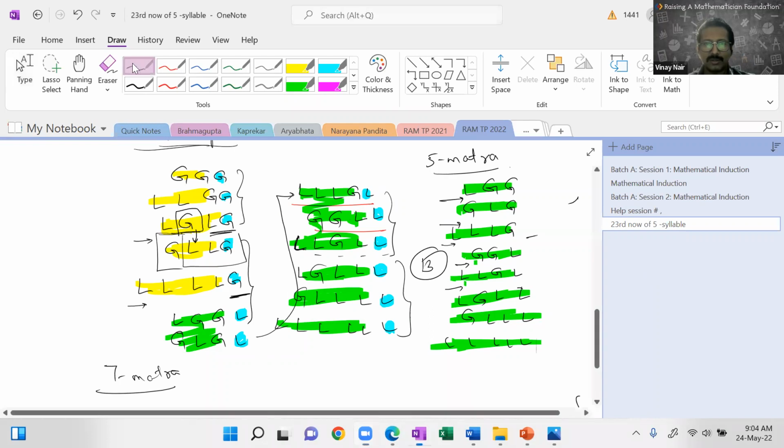So I think it was Ishan who said it in the beginning, and others contributed to that. This is your f of 4, and it gives you 5 possibilities. And then you have f of 5, which gives you 8.